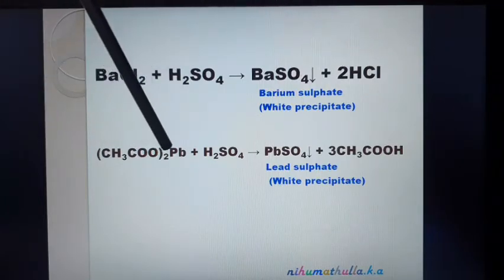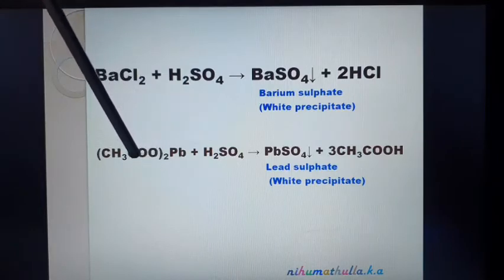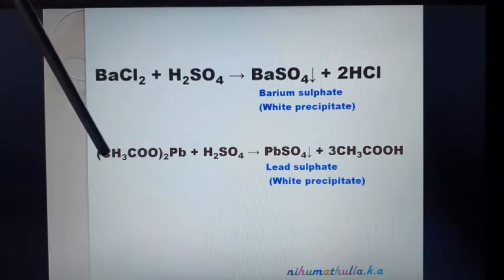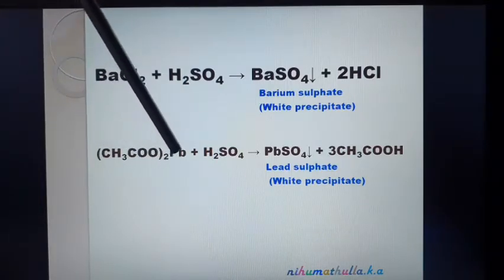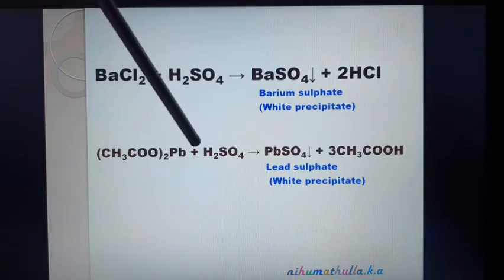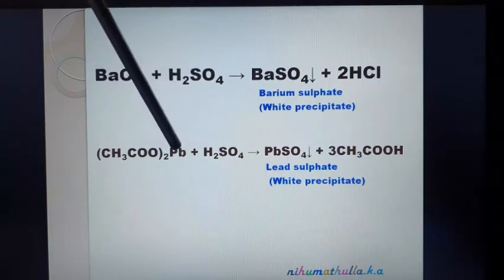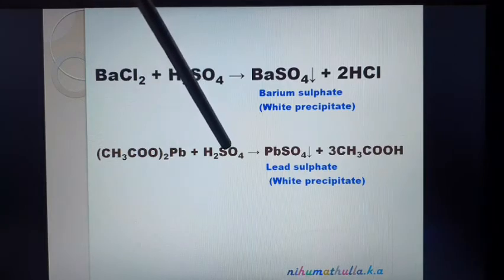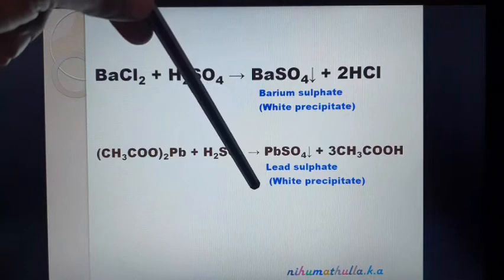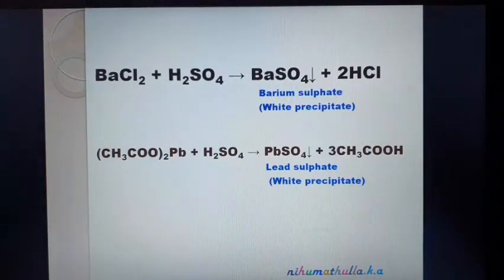Like that, lead is a 2+ ion, acetate is a mono negative ion, molecular formula (CH3COO)2Pb. When treated with sulfuric acid, Pb2+ combines with sulfate 2- to form lead sulfate, which is a precipitate. The color of this precipitate is white, with the loss of acetic acid.